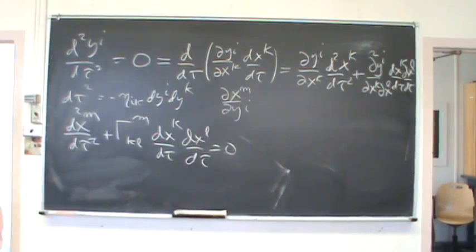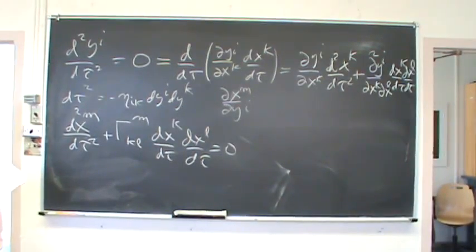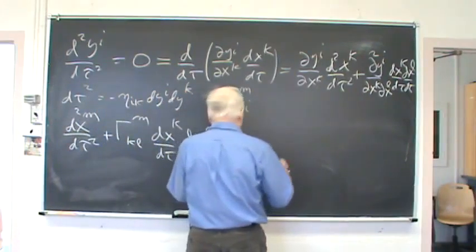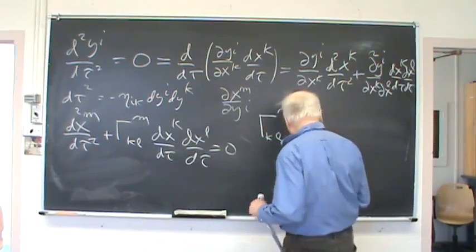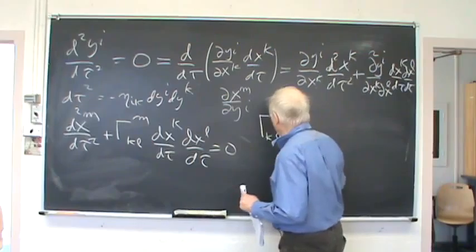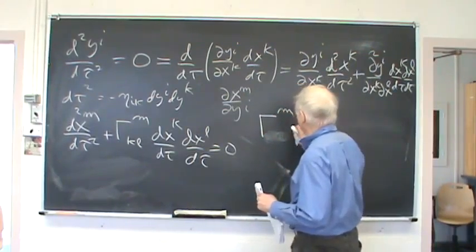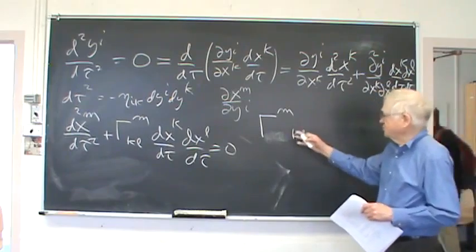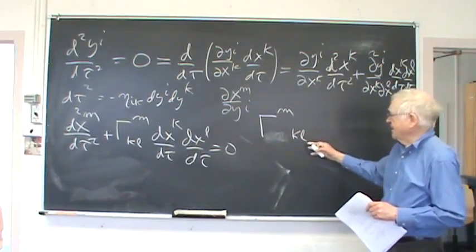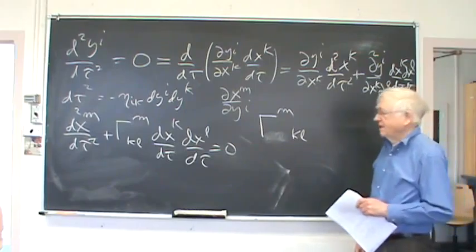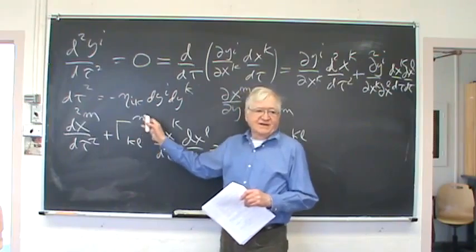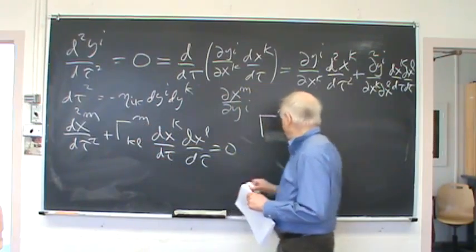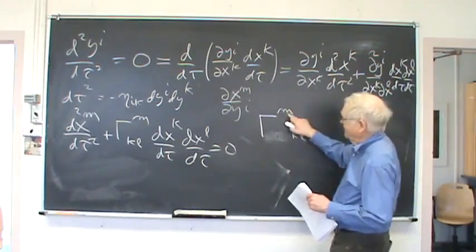So that's quite important. And the affine connection here is gamma m kl. If we want to be pure, we put this gamma m kl like that to distinguish the upper index from the others, just in case we lower the m. It could be that the l index was raised to become an m and the m lowered.